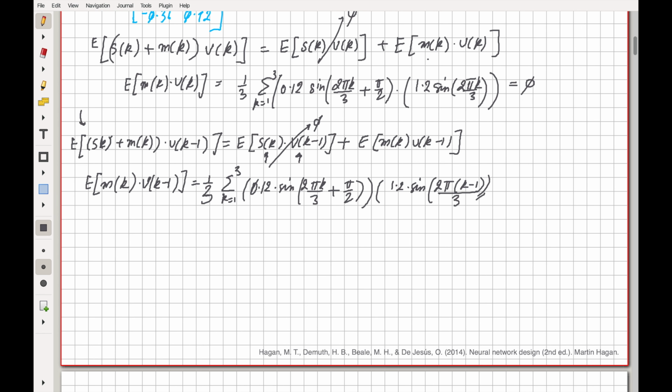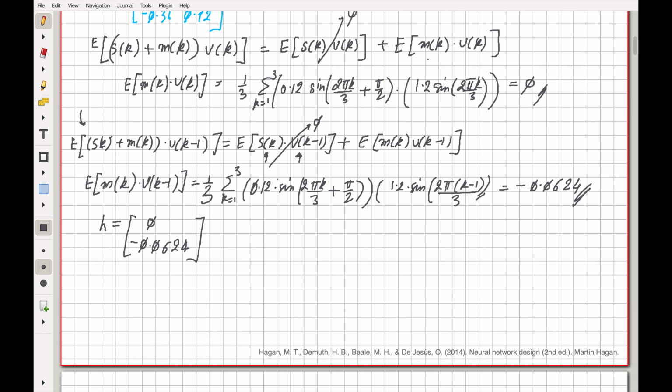If you solve this, it comes out to minus 0.0624. So the h vector that we have has the values 0 and minus 0.0624. So those are the values we have.